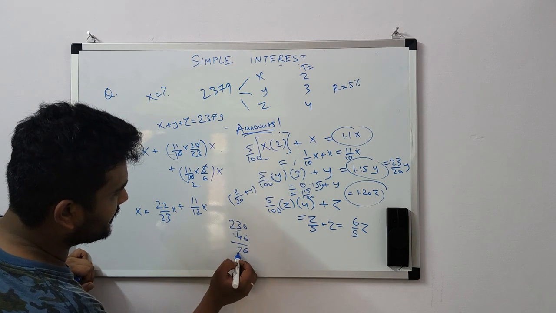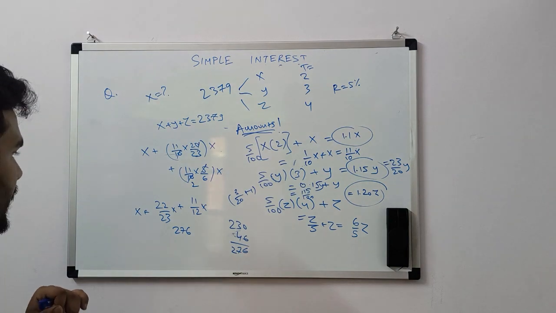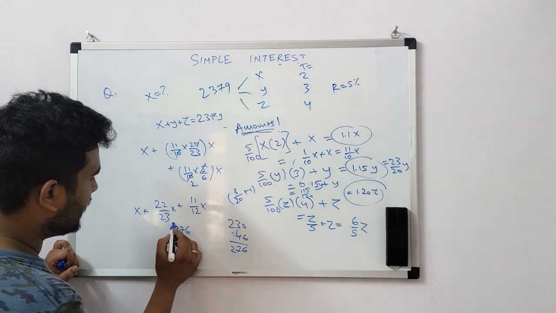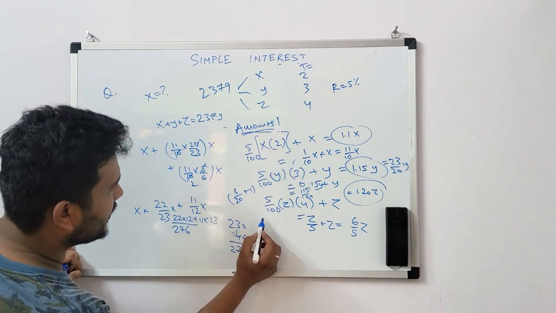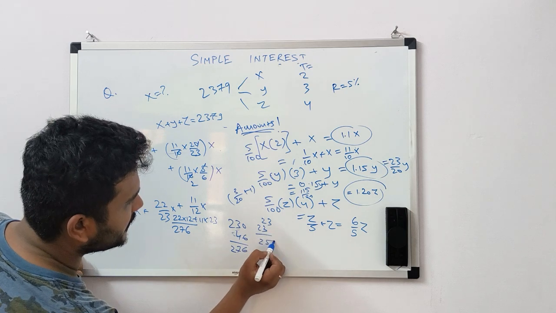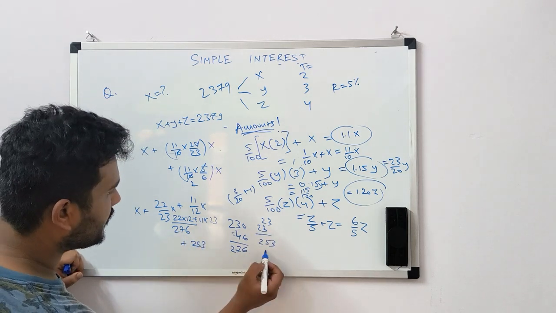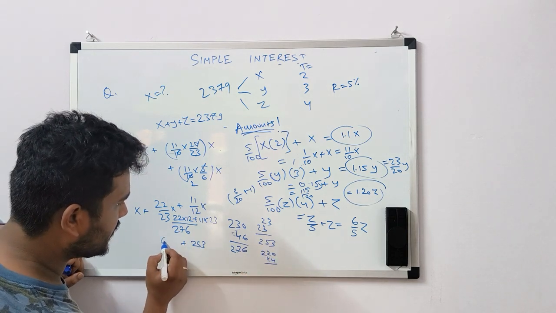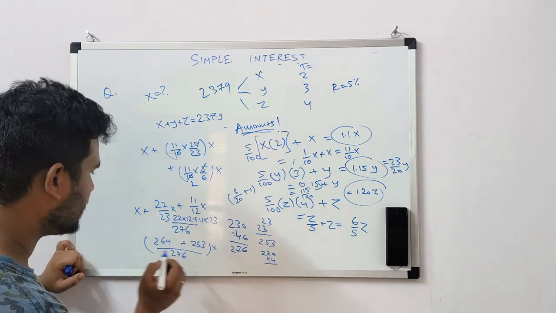So 276. Then you multiply 23 into 12, and at top it is this and this. So 23, 23, 253, 22 into 10, again you can do it mentally, 220 into 44, which is 642. 276. This is into x.